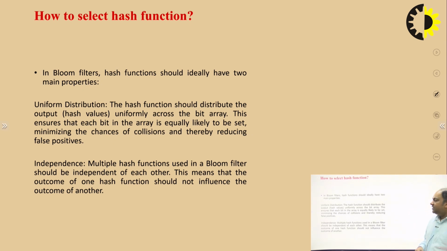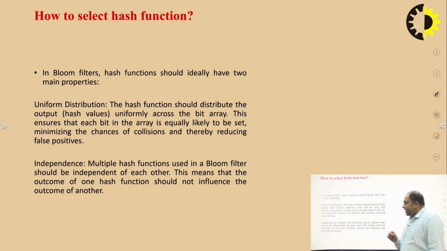The hash function is selected in 2 ways: one is uniform distribution and another is independence. In uniform distribution, the hash function is distributed uniformly across the bit array, and it ensures that each bit in the array is equally likely to be set, therefore minimizing the chances of collision and of false positives.